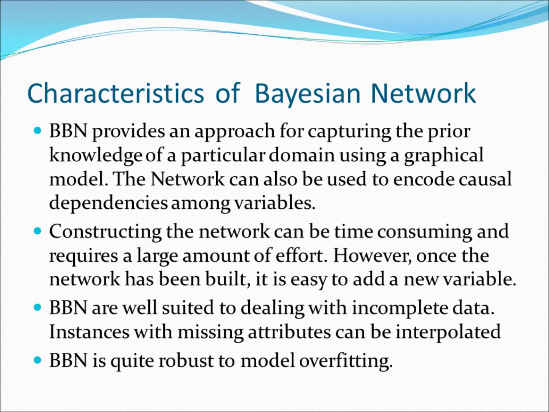Those are the strengths. Once you build this network, which is very difficult because the permutation is too much, adding one more attribute is easy, because one attribute may add just a few links. So it's incremental. Once you build it, it's not hard to add one.